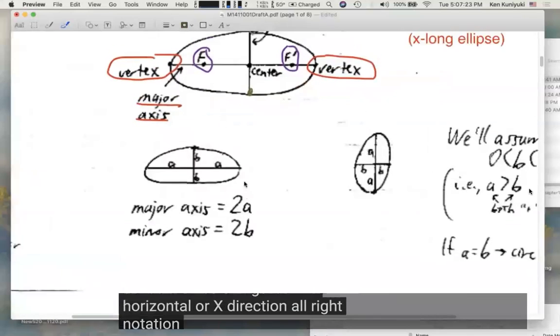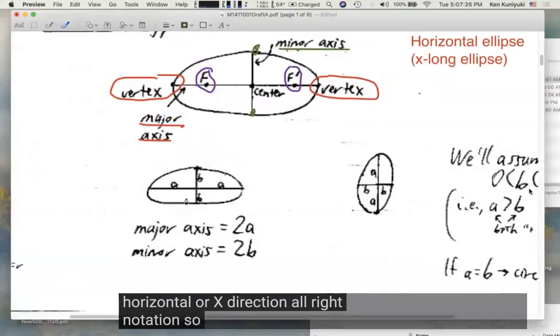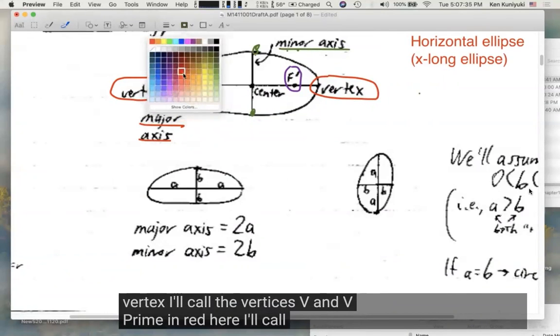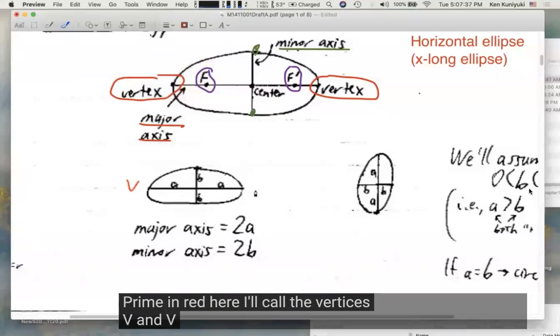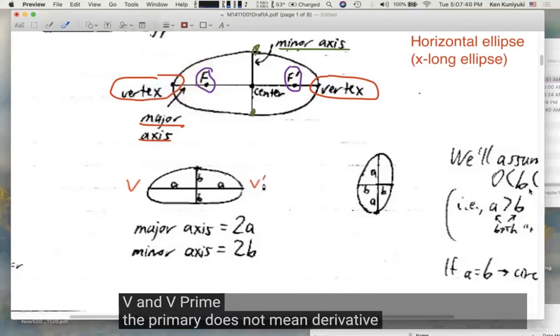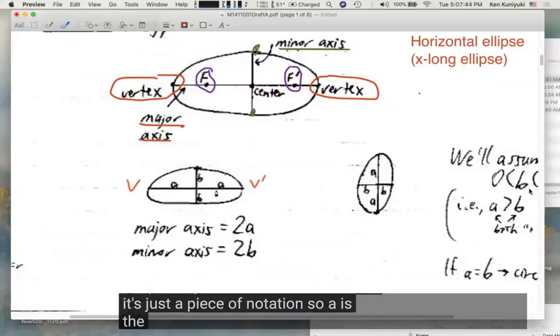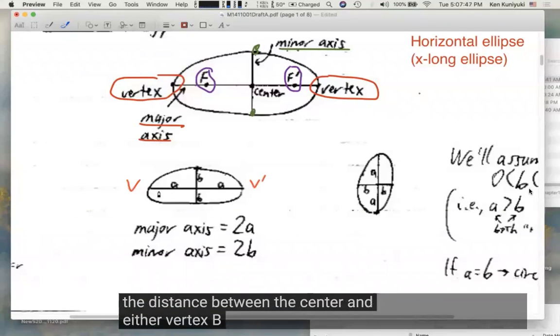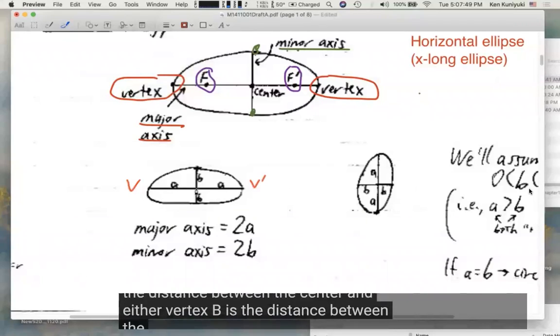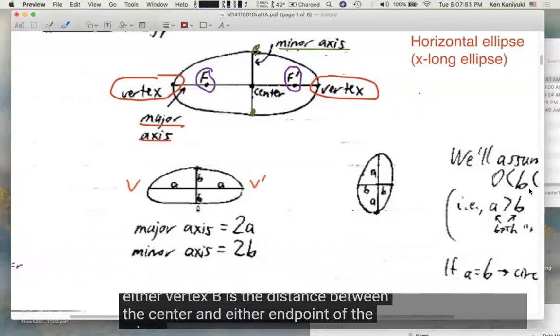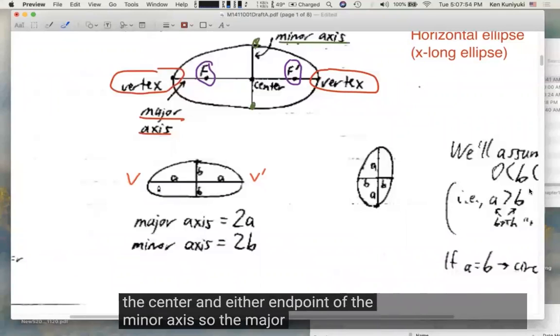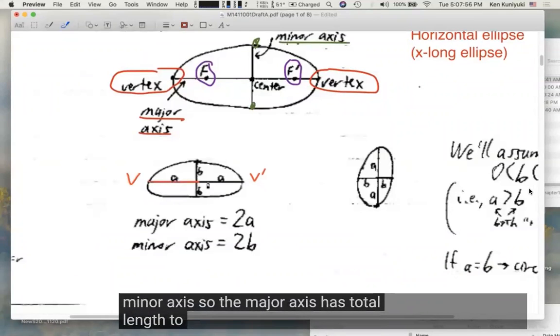All right. Notation. So look at the center here. The distance between the center and each vertex, I'll call the vertices V and V prime. In red here, I'll call the vertices V and V prime. The prime here does not mean derivative. It's just a piece of notation. So A is the distance between the center and either vertex. B is the distance between the center and either endpoint of the minor axis. So the major axis has total length 2A.